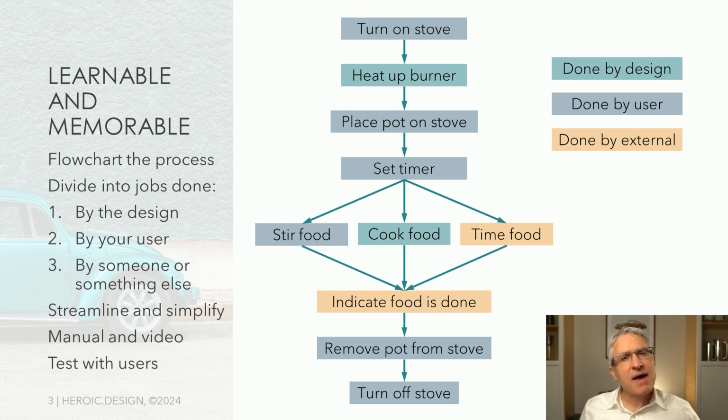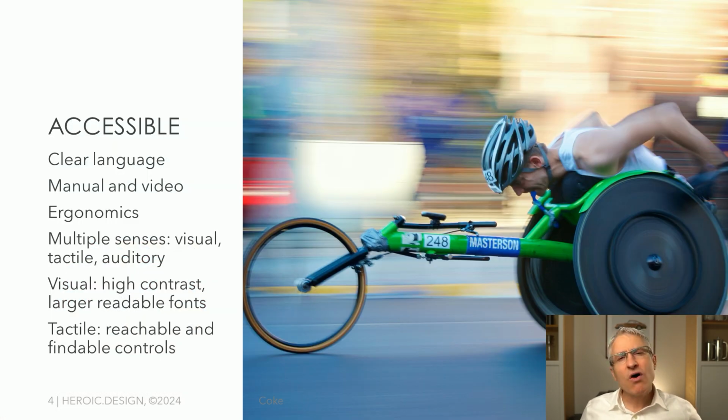Second, if you have a manual, make it amazing. And third, you should probably have an instructional video. It doesn't have to be movie quality, it just has to be a clear demonstration. Then measure how long it takes for someone else to learn your design, because you are not a good judge of this metric.